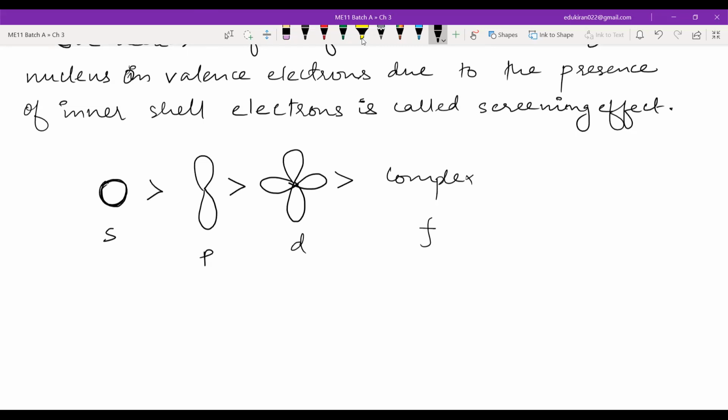Now imagine if something is more compact, that means this s subshell is surrounding the nucleus from all the sides. That means the order of screening for subshells will be this. S will be screening or shielding the electrons most, then p, then d, and then f. Because s is nearest to the nucleus among the subshells, it will be shielding more.